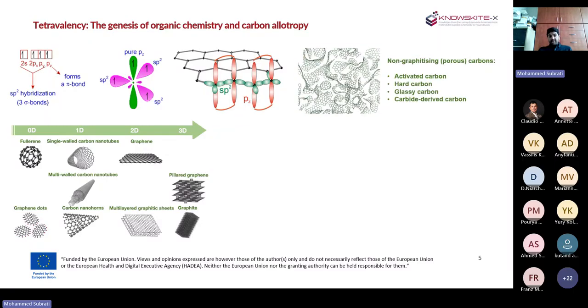But all these materials are non-porous, and of course there are sp3-derived porous derivatives, also known as the non-graphitizing carbons, all of which are microporous.